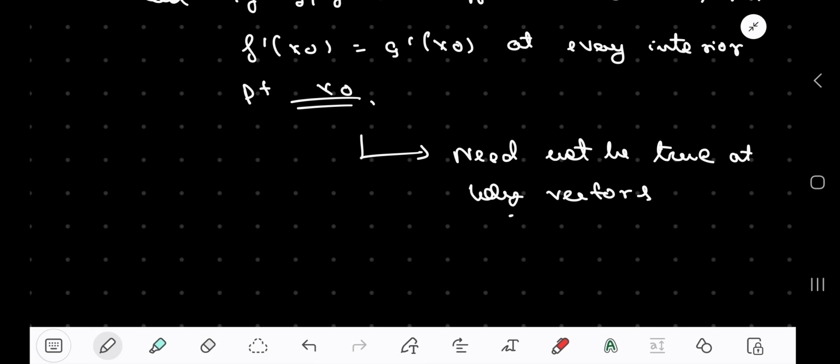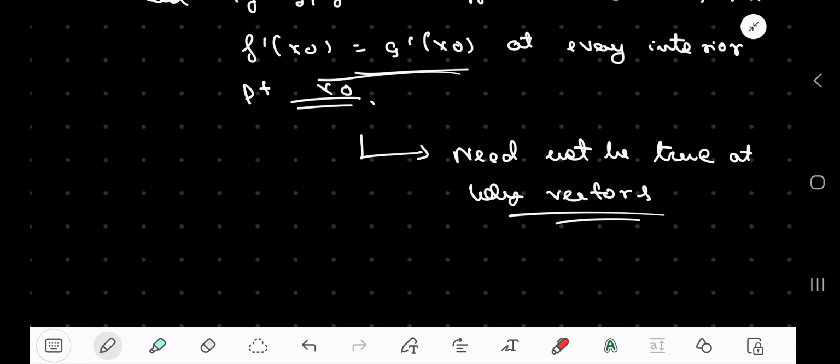Because as vectors over boundary points, there are certain things to talk about, like for example orientable surfaces and non-orientable surfaces. There is a specific direction whenever we talk about the boundary points, that the direction of the vectors might get inverted a bit. That is some other part to talk about, but this equality need not hold as vectors, because these are linear transformations, so they being evaluated at some vector is again a vector.